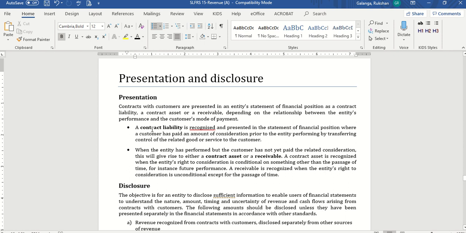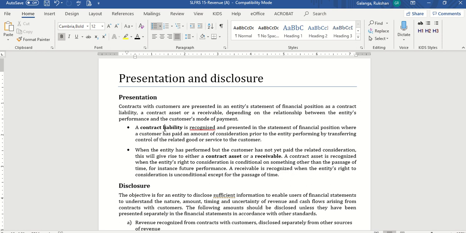The standard says you should recognize a contract liability. Right? How should you recognize a contract liability? In some cases, the customer may pay you an amount in advance. We have done the questions also in the previous section. Some customers are paying us the amount a little in advance. So in that case, you should recognize that as a contract liability, because the performance obligation has not been satisfied and you can't recognize the revenue.